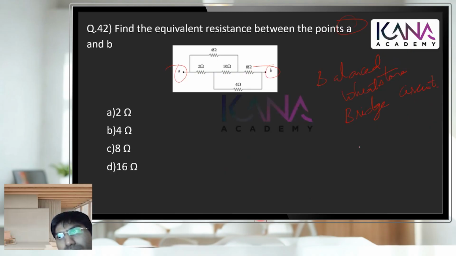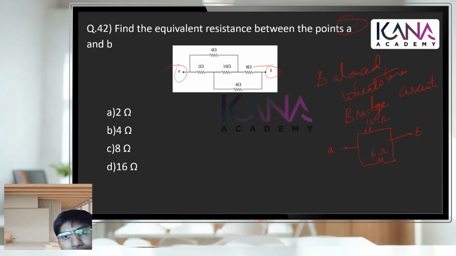So further it can be drawn between points A and B. This part will become 12 ohms and this part will become 6.